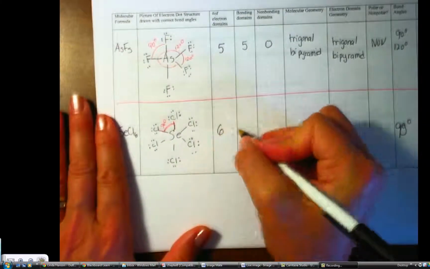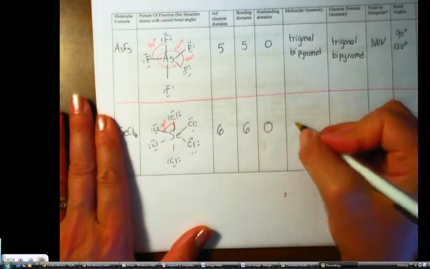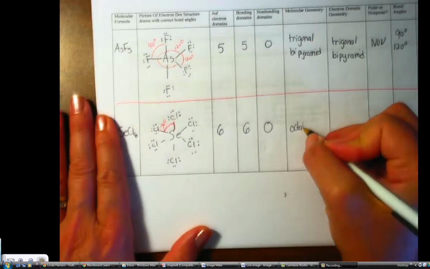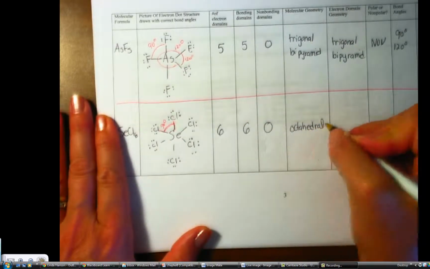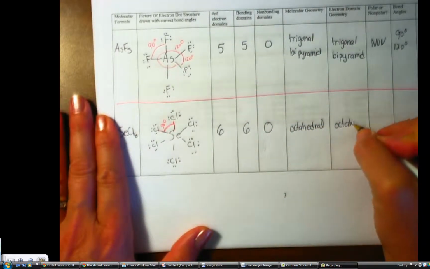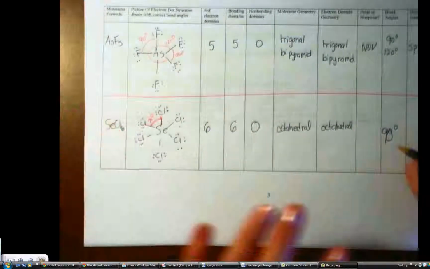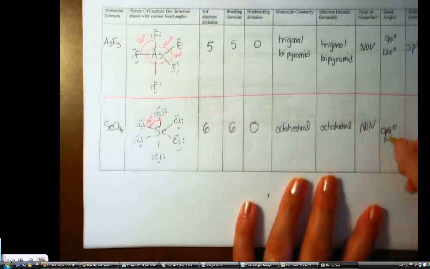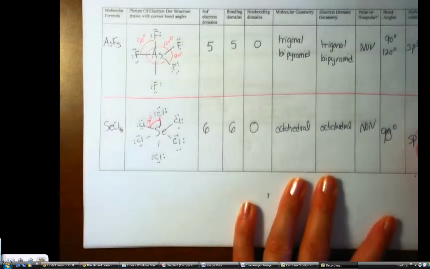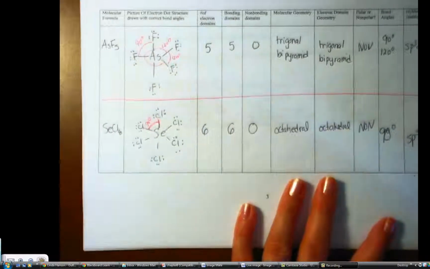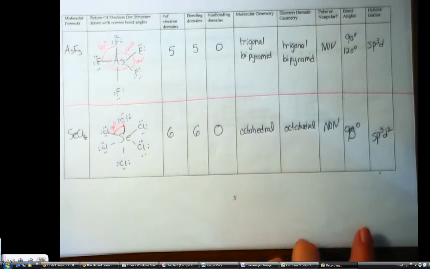So we had 6 domains, all 6 were bonded, 0 unbonded. It was called an octahedral. Same because we had no unbonded pair, making this nonpolar, and sp3d2 hybridization, sp3d2.